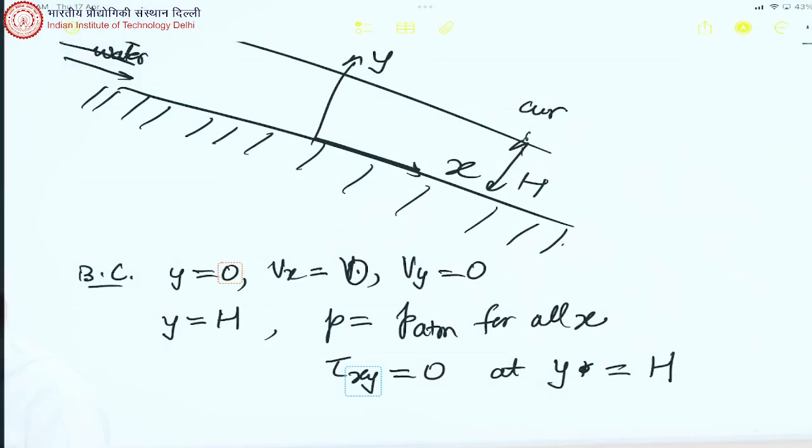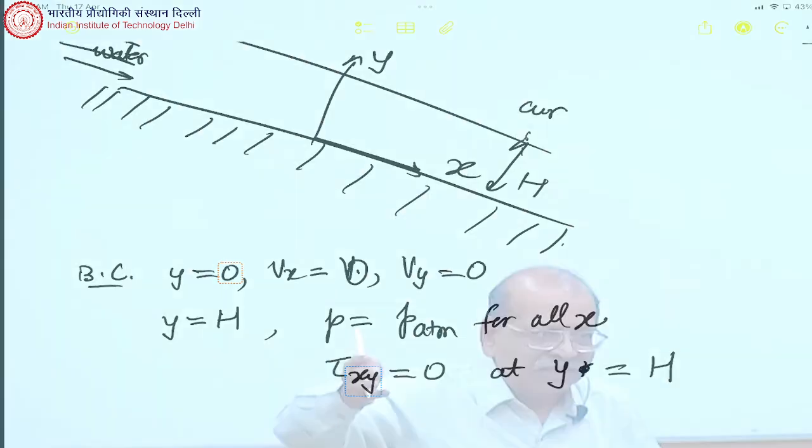Now from Vy equal to 0, you solve for pressure, and you will get a pressure distribution as a function of x and y. And now partial P by partial x may also be 0, or it may not be 0. You work it out. You work out the boundary condition, equate the partial P by partial y, and get pressure as a function of y.